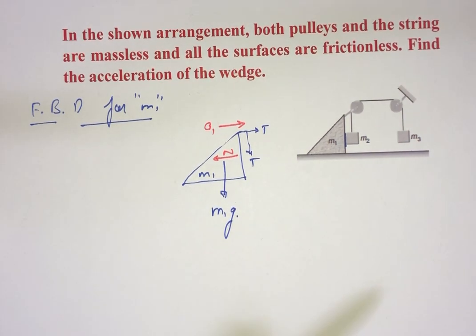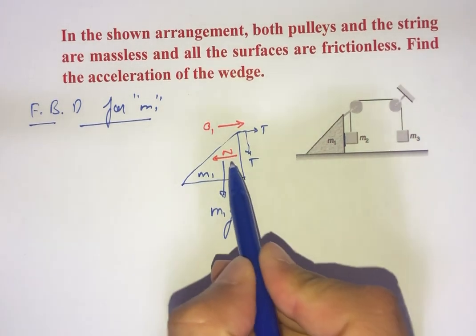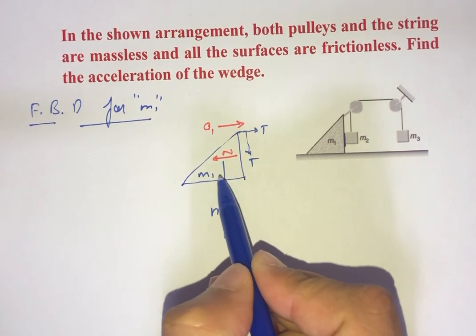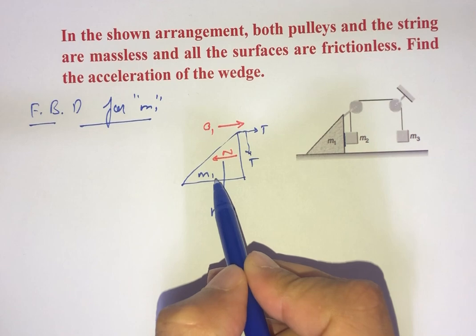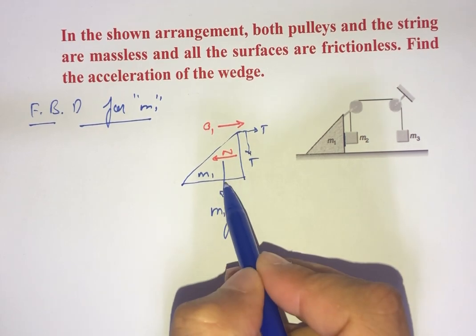So based on this we can write the equation as the movement is only in the horizontal direction, there is no movement in the vertical direction.